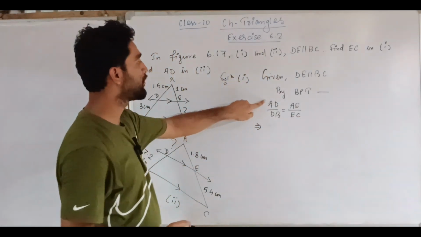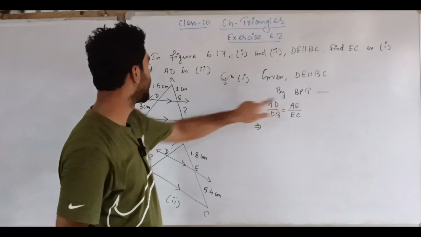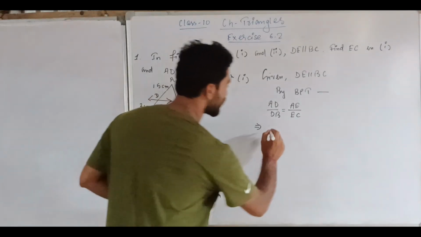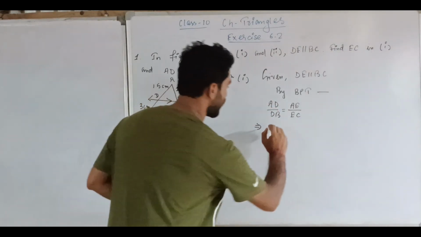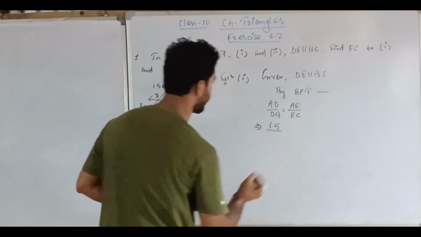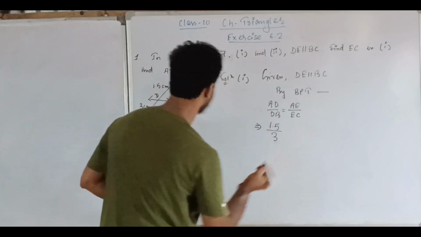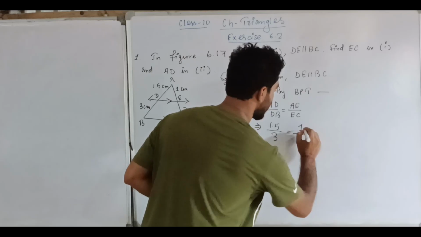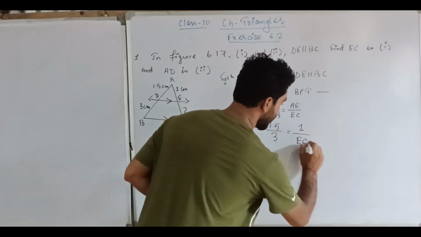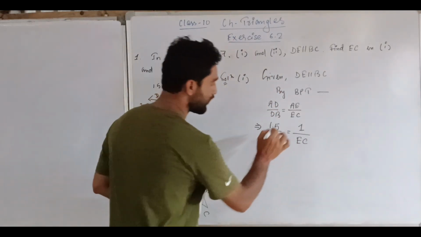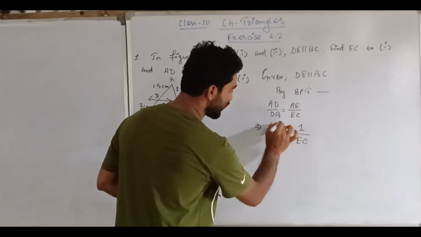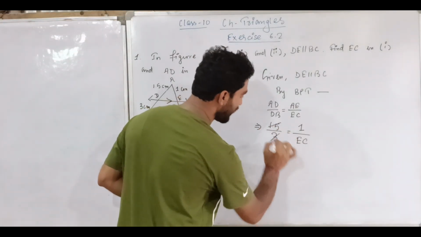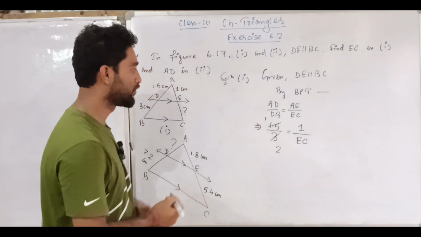Now we will substitute the values of AD, DB, AE from this figure. AD is given 1.5, DB is given 3, AE is given 1 centimeter. We have to find out EC. Now 1.5 divided by 3 will give 1 by 2.